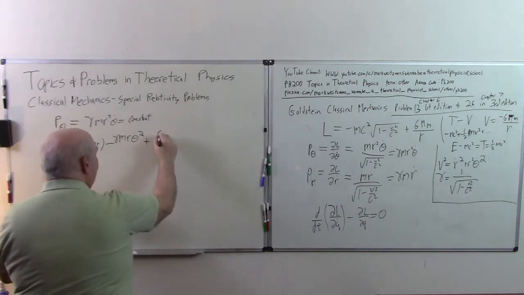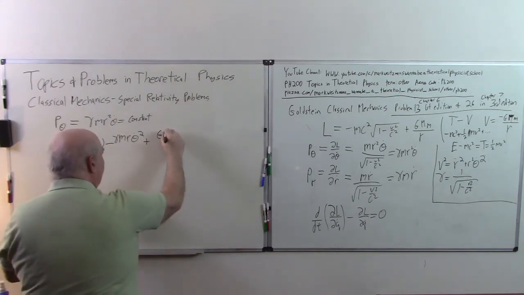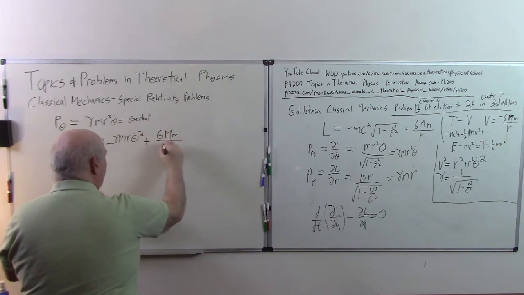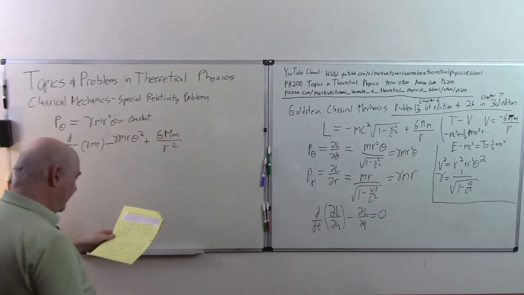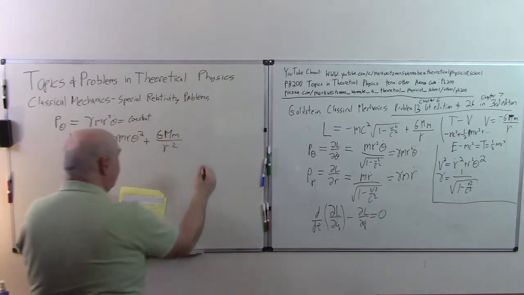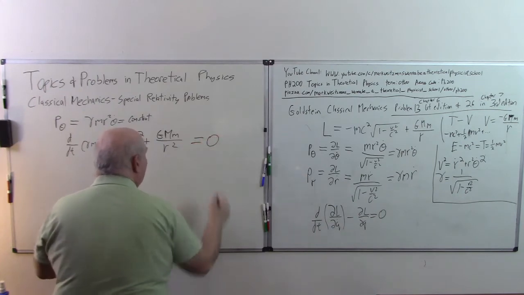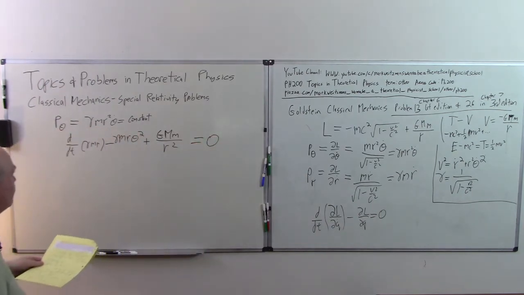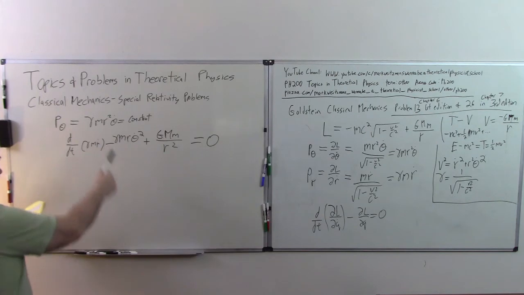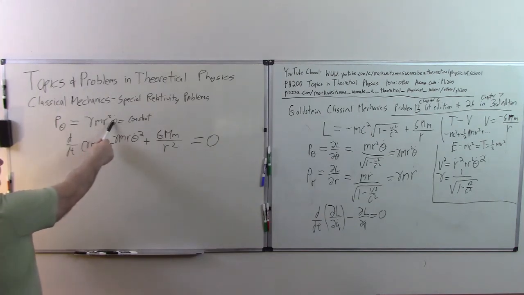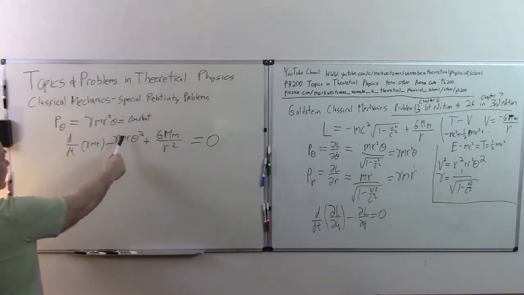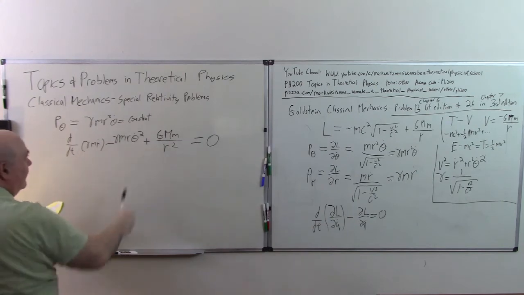Then I have plus the potential term, G M m over r squared, equals 0. So obviously we can now express theta dot in here, and so we're just going to get an equation for r.